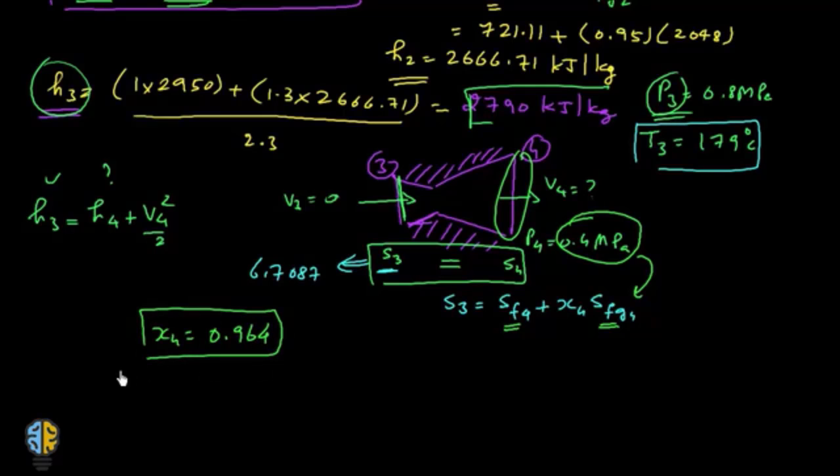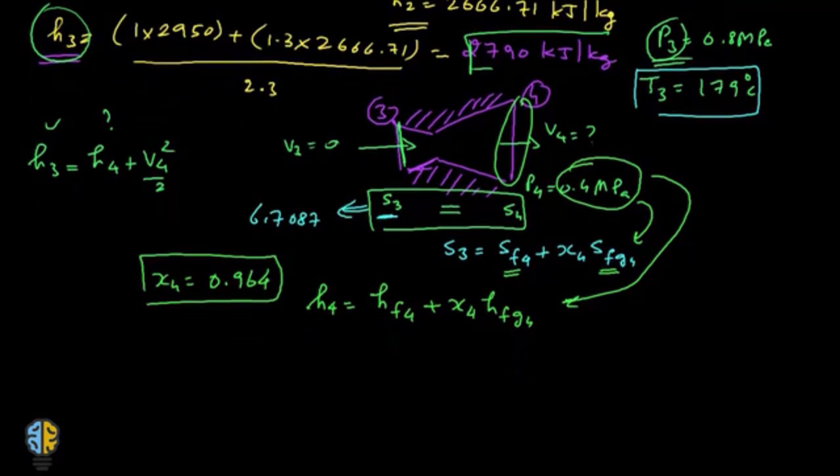Now you can easily find out H4, because H4 would be HF4 plus X4 times HFG4. Again, corresponding to 0.4 megapascals, you can put in these values. Make sure you are using a steam table for all of this. So this would be around 2660 kilojoule per kg. This is how you can find out H4.